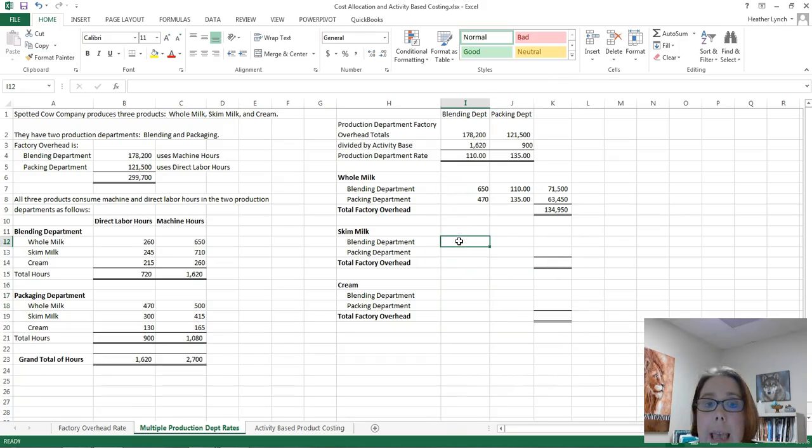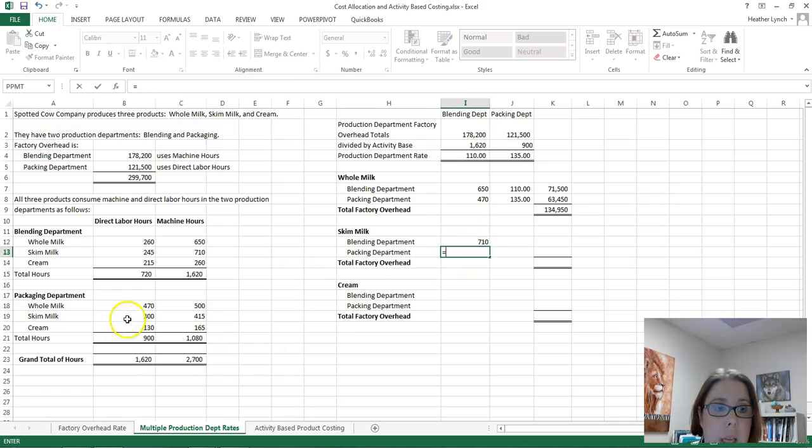So then let's look at the skim milk. So skim milk, remember, blending department uses machine hours. So I want to find my skim milk. They use machine hours, so that's going to be equal to 710. The packaging uses direct labor hours. So I'm going to find packaging, skim milk, and that's going to equal 300.